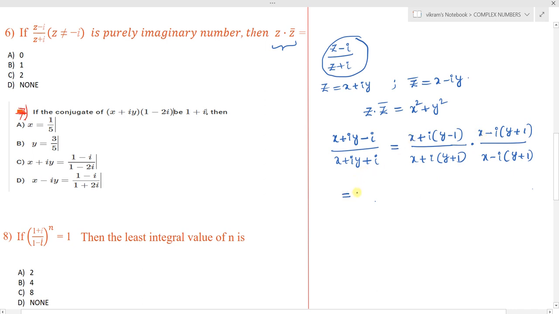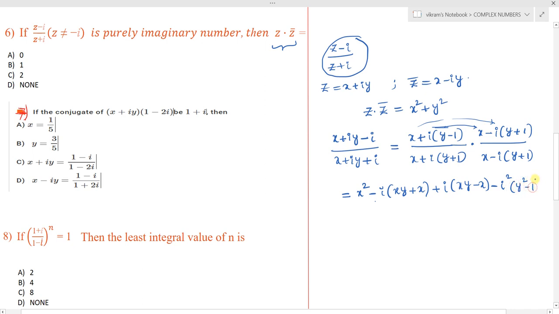x into x gives x square, minus iota times x multiplied with the imaginary part, which is iota times (xy plus x), plus now the imaginary part multiplied with x gives i into (xy minus x), and these two imaginary parts give minus i square into (y plus 1) into (y minus 1).